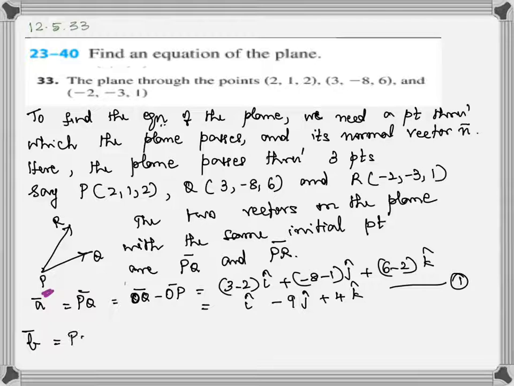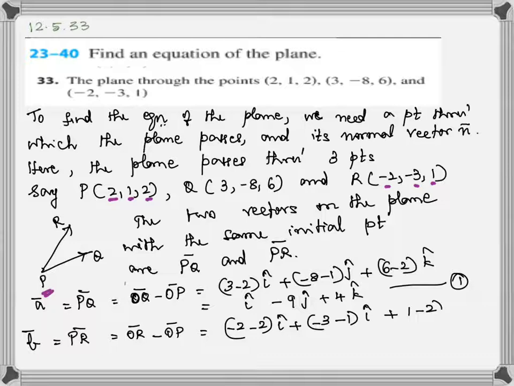Then vector B is PR, which is OR minus OP. So we subtract the coordinates of P from the coordinates of R. Doing the same as before, we have -2 minus 2, -3 minus 1, 1 minus 2, and then get the differences.